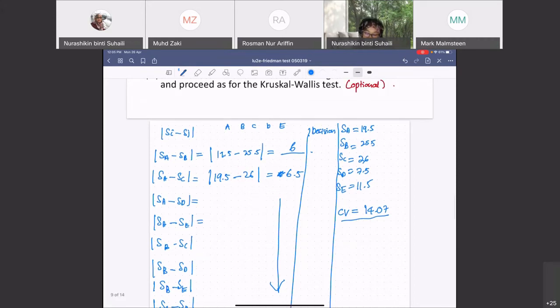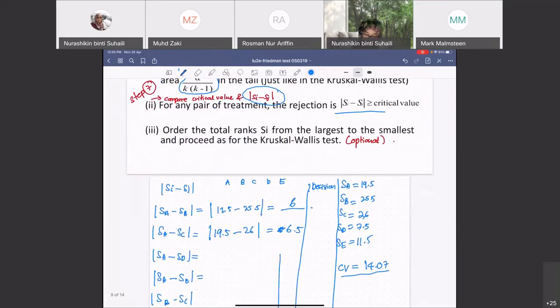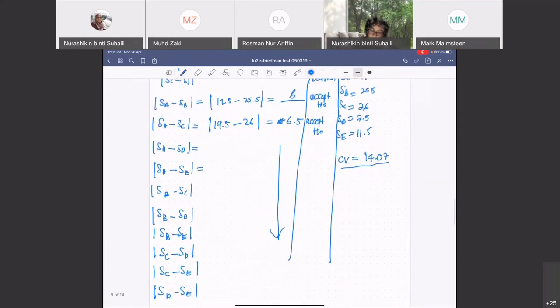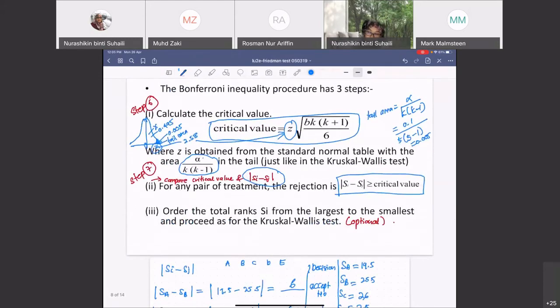Okay, based on the decision rule: if the Si minus Sj is more than the critical value, reject the null hypothesis. So this one is accepted. Accept the null. So you will have the values of the Sij for every pair and also the decision. Okay, so that is step 7.